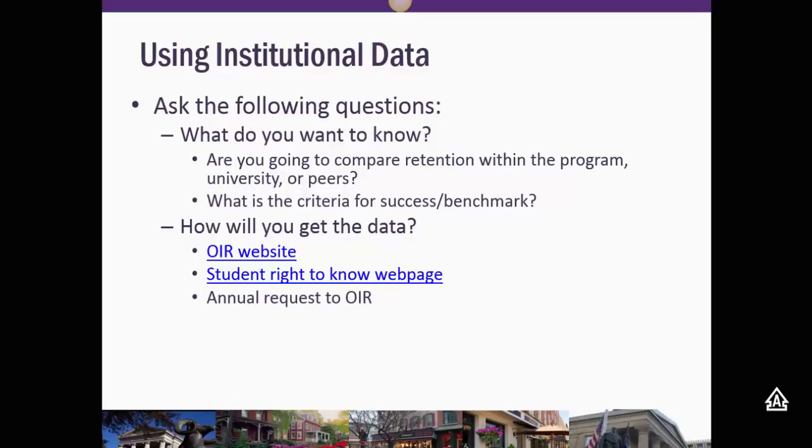This webpage is found on every institution's website who obtains federal funding from the government. If you're not familiar whether or not your institution has this or where it's located, poke around on your institution's website, because it should be there. The other way to get your data is an annual request to your Office of Institutional Research.